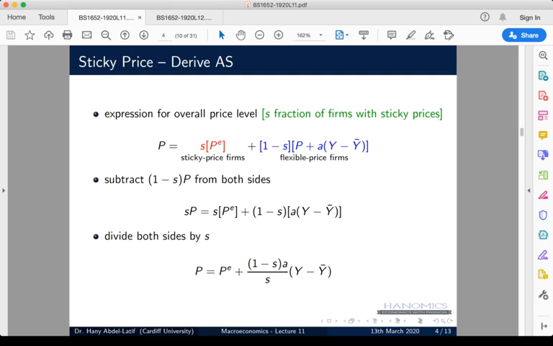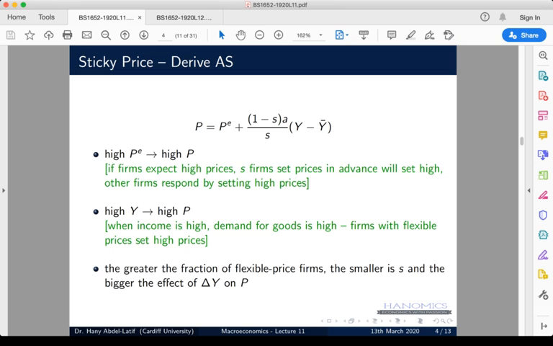We had S fraction of firms that are faced with sticky prices, and the other fraction, or the rest, are 1 minus S, and then we've got two types of firms in this equation here, and then from here we can reach this expression here as we show in the lecture. So as I said, we learn a few things from this expression.